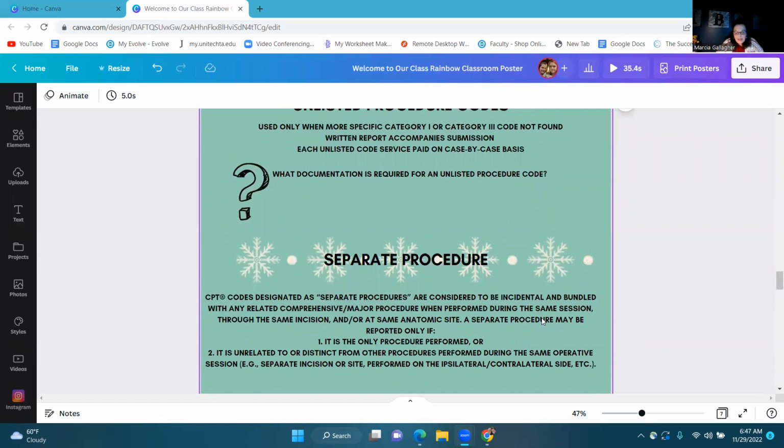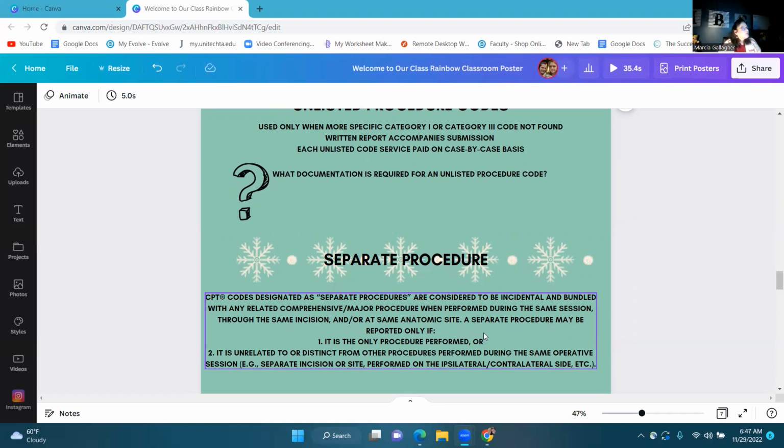Now, again, I want you guys to understand that I am reading information and the information seems complicated. So we're going to read the information and then we'll talk about it for just a minute. CPT codes designated as separate procedures are considered to be incidental and bundled with any related comprehensive major procedure when performed during the same session, through the same incision and at the same anatomic site.